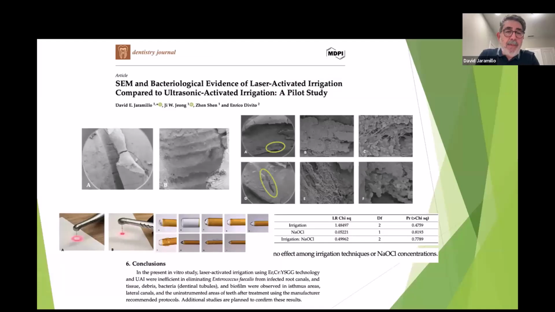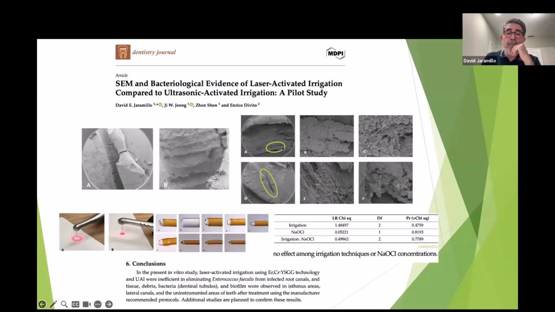We just published this paper where we did an SEM and bacteriological evidence of the laser activation irrigation. When we compare the WaterLase to the Edge Pro units, and again, these pictures are the ones I just showed you. The problem with the laser is, again, the thermal effect that it produces.